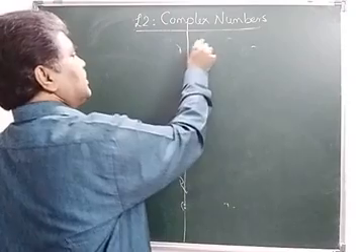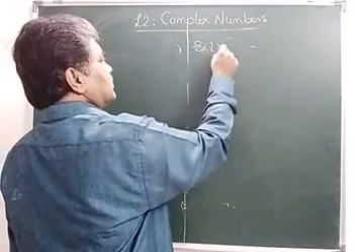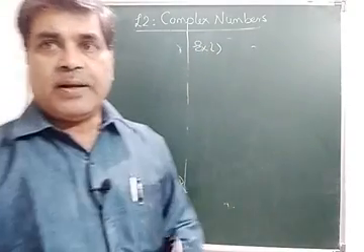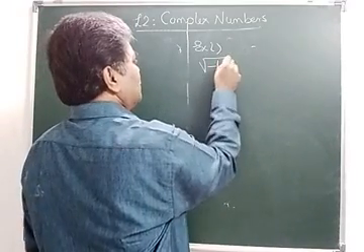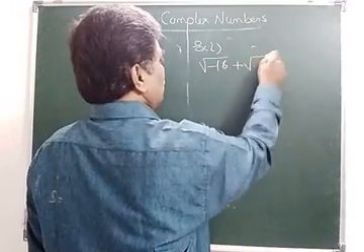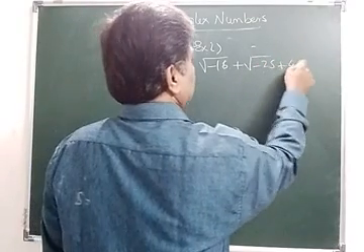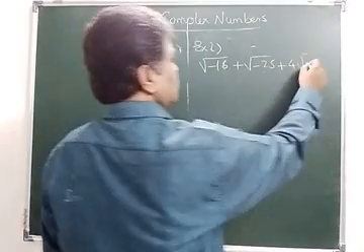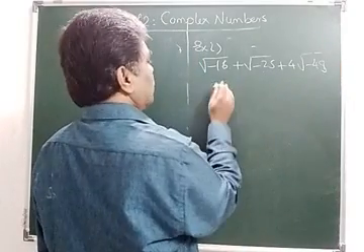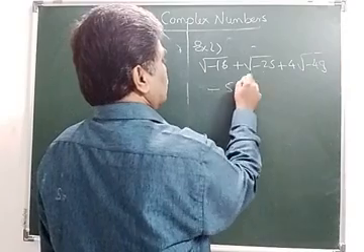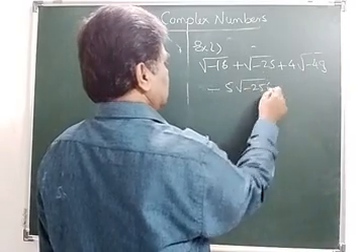So take the first example: simplify square root of minus 16, and write anything here whose square roots are known to you, square root of minus 25 plus 4 times square root of minus 49 minus 5 times square root of minus 256.